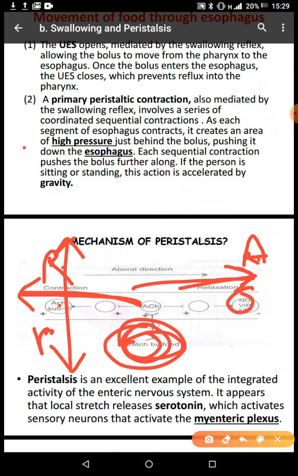These will cause relaxation. Relaxation is the same as saying there's low pressure, and contraction is the same as saying there's high pressure. So it will push the bolus in this direction. Okay. So this just summarizes the mechanism of peristalsis.